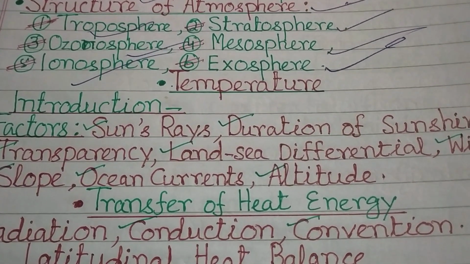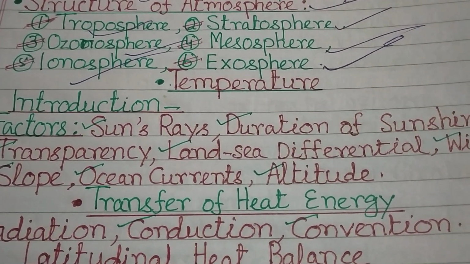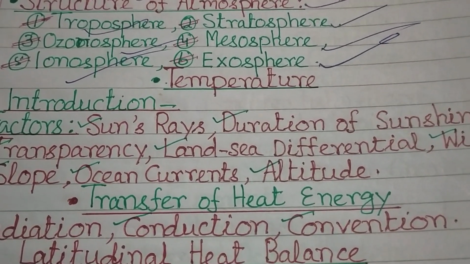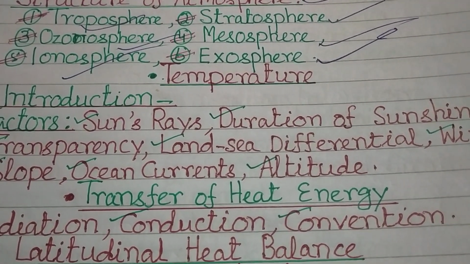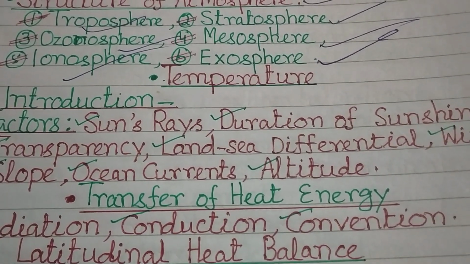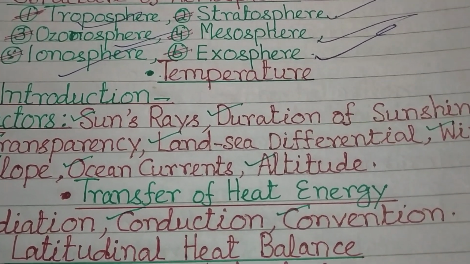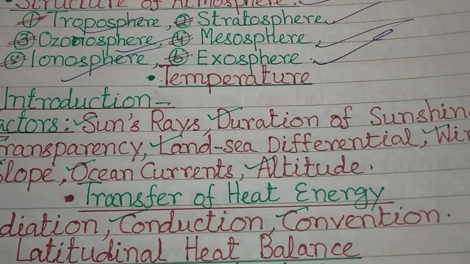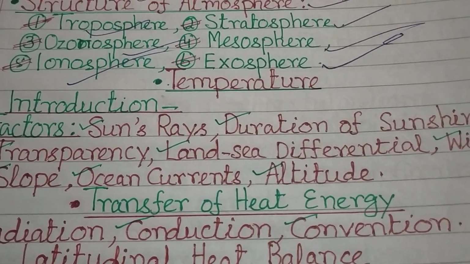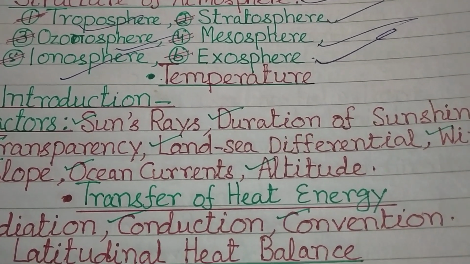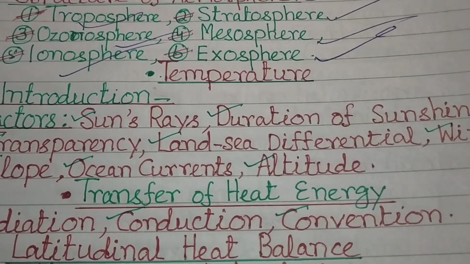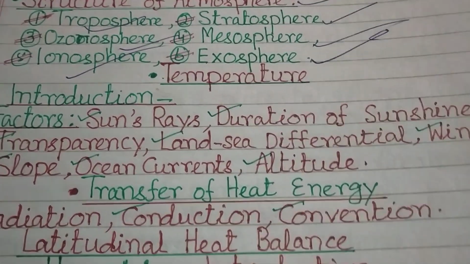This layer is characterized by ionization of atoms because of the electric charge. Radio waves transmitted from the earth are reflected back to the earth by this layer. Temperature again starts increasing with height because of radiation from the sun.